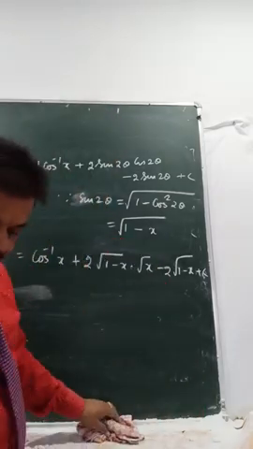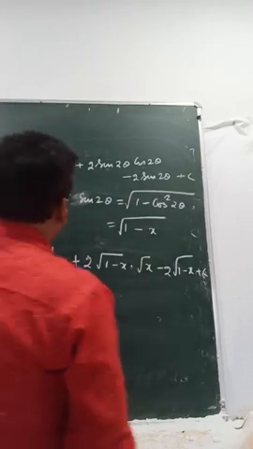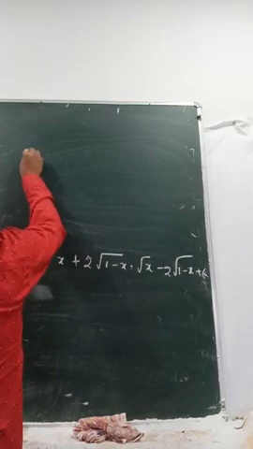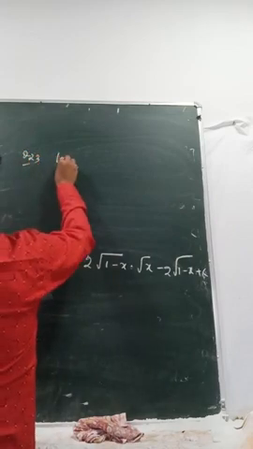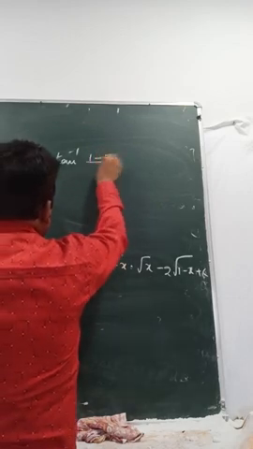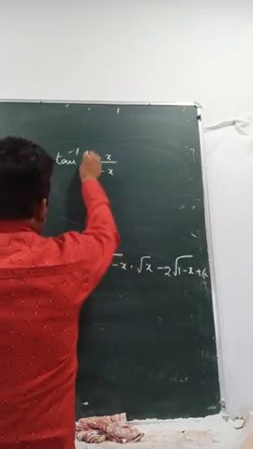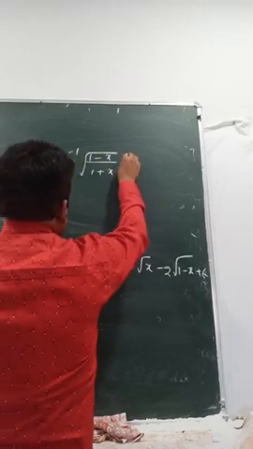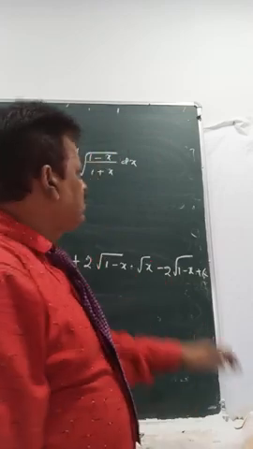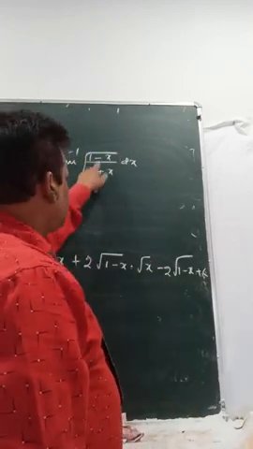Question 23: tan inverse of square root of 1 minus x by 1 plus x, dx. This looks simple. Why? Because tan inverse, you want to make it tan.